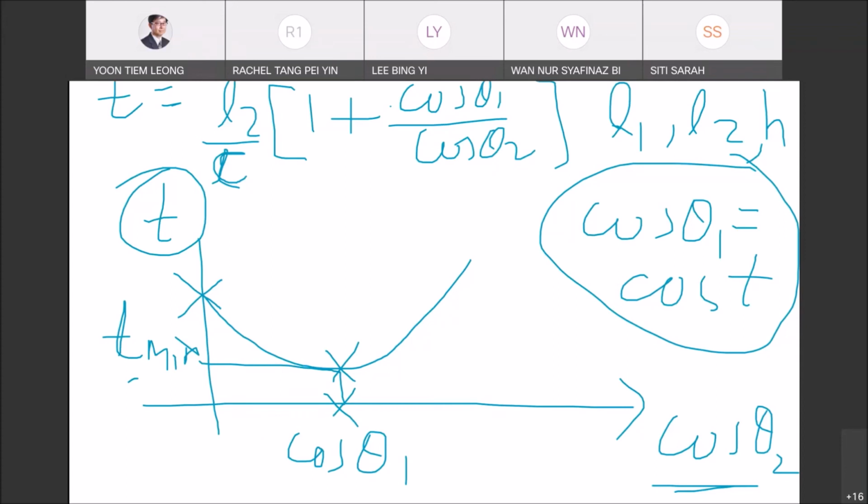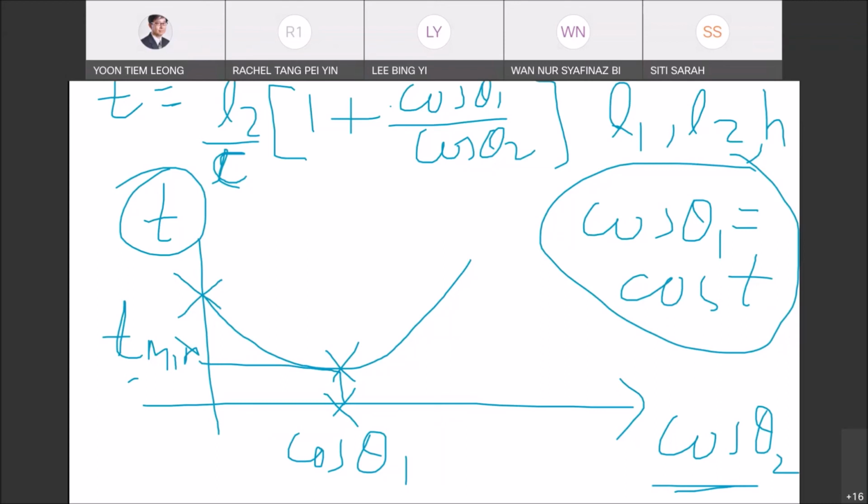Pause for a while. Okay, so now I have a situation like this. Let me proceed to see if I got it right. I'm not going to make theta 1 and theta 2 my variables, but I'm going to make cos theta 1 and cos theta 2 my variables instead. And I'm going to differentiate with respect to cos theta 2 instead of with respect to theta 2.